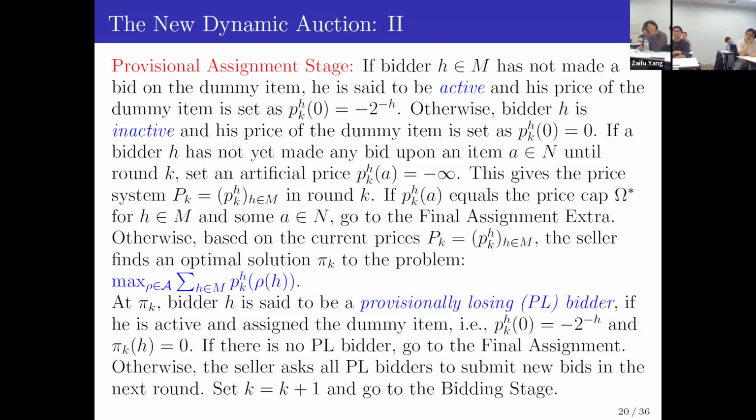So what the auctioneer does is simply assign the dummy item to such an active bidder. This is the intuition: someone who still can make a positive surplus, but at the current stage, his bids are not chosen by the seller. So this bidder will still be able to make new bids. This is the intuition.